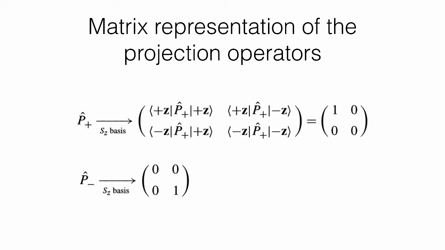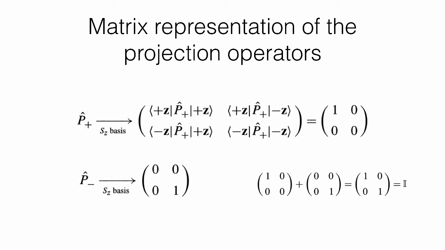I'm going to let you figure it out. That's pretty simple: if one of the ket or bra is a minus z, the projection P plus will automatically involve a plus z minus z, or minus z plus z amplitude, which is 0. So that's the reason why all the terms are 0, but the first term. Similarly, we can calculate P minus, and we obtain 0, 0, 0, 1.